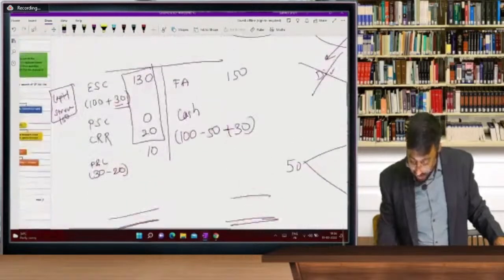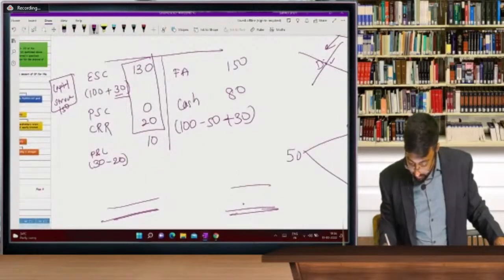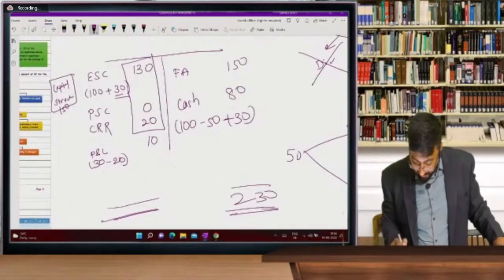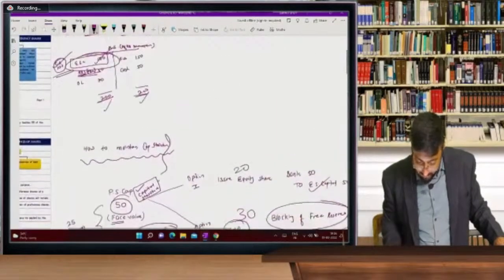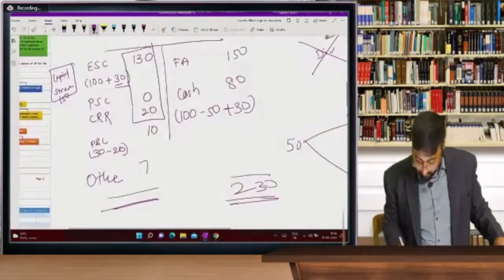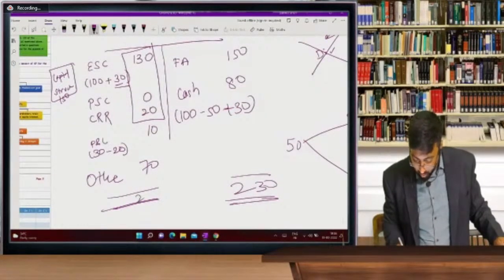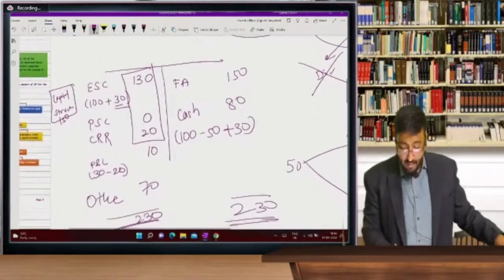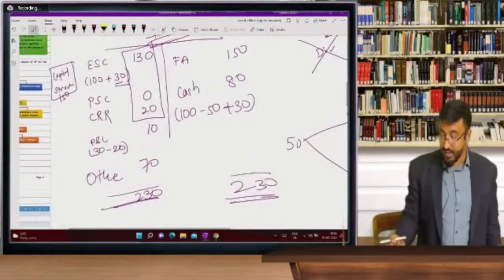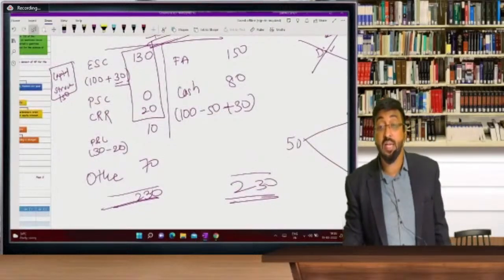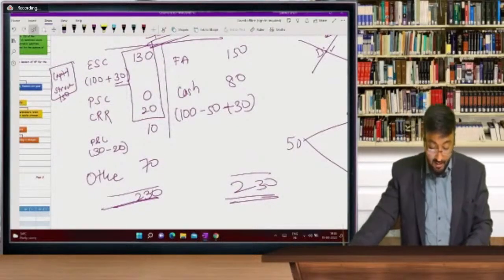So my cash balance will be 80. Beta, what are other liabilities? 70. So 70, 80, 100, and 230. My balance sheet is telling at rupees 230.